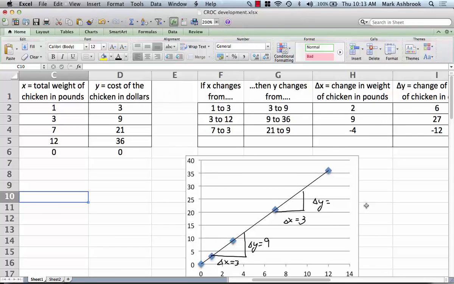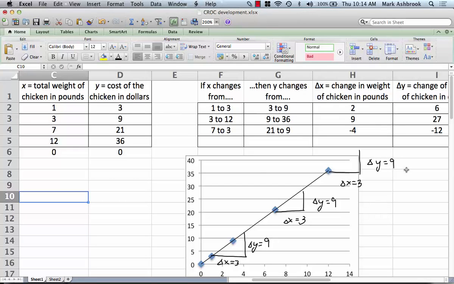What's delta y now? Still 9, right? Still 9. Every time up here, if I go from 12 to 15, how much will my cost go up if my pounds goes from 12 to 15, or delta x equals 3? Delta x equals 3. 9.